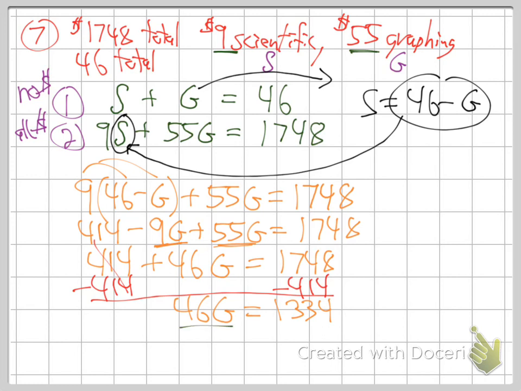And last step, divide by 46. And I'm getting 29. So 29 graphing calculators.